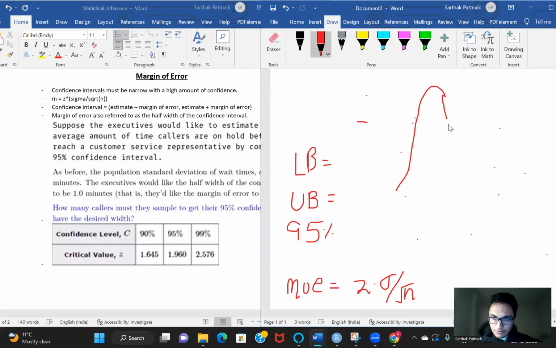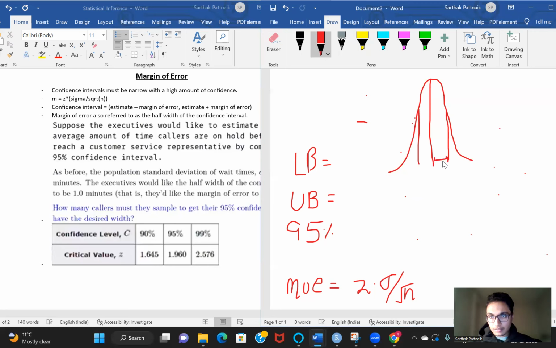If we have a sampling normal distribution, this is my estimate, and this is my confidence interval. This is the lower bound, estimate minus margin of error, estimate plus margin of error.